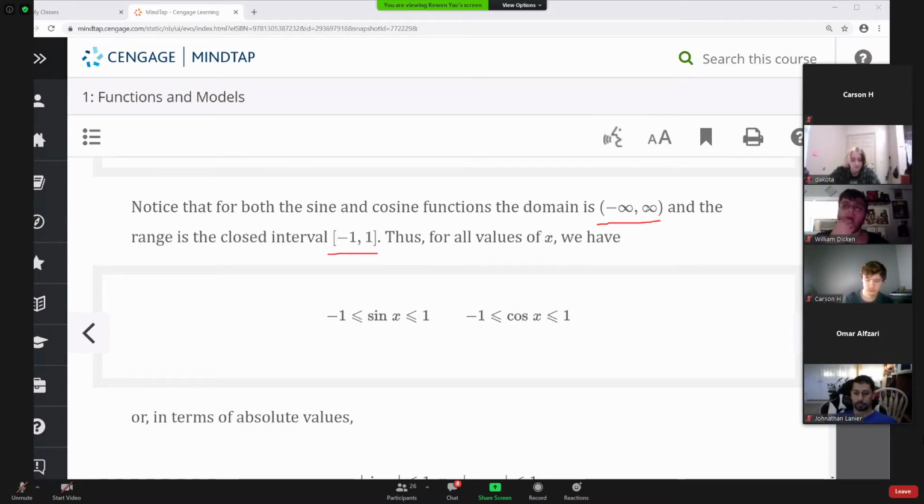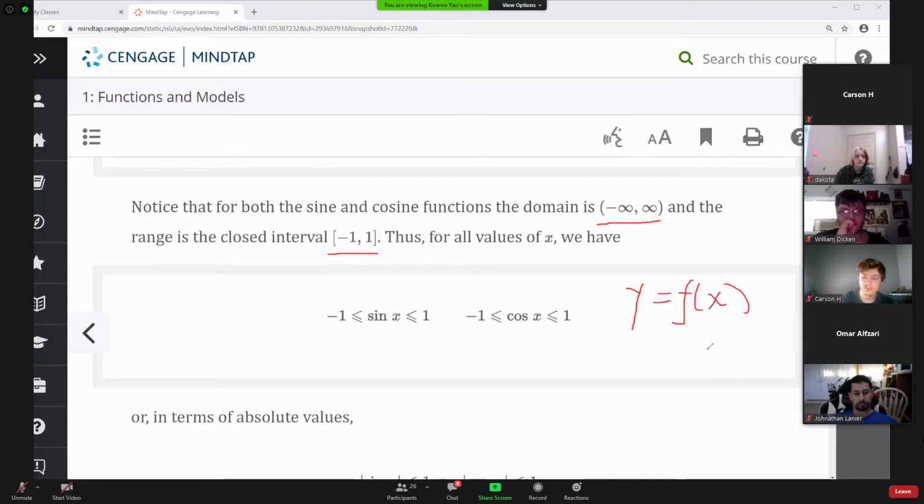The domain is any real number you want, but the range is confined between negative 1 and 1. The domain is for the x value, the range is for the y value, where y equals f(x), for any function.